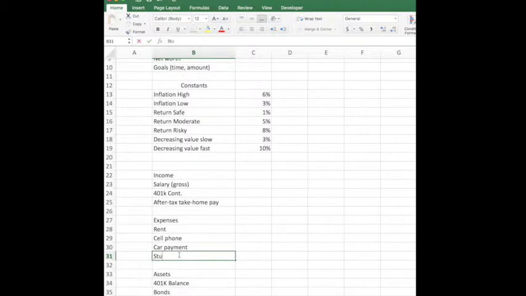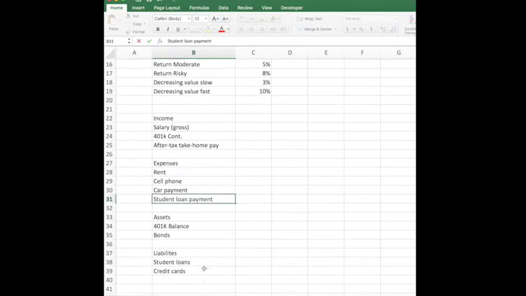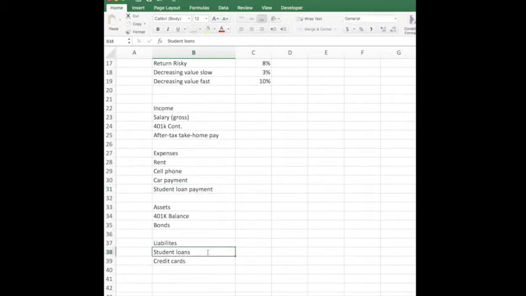This is student loan payment, and this is student loan amount due. Okay, and the same thing's true with credit cards. So this is credit cards amount due. I don't know why I can't type today.